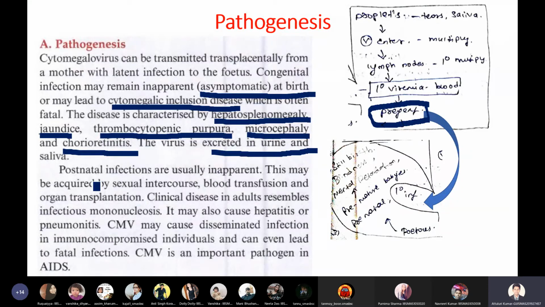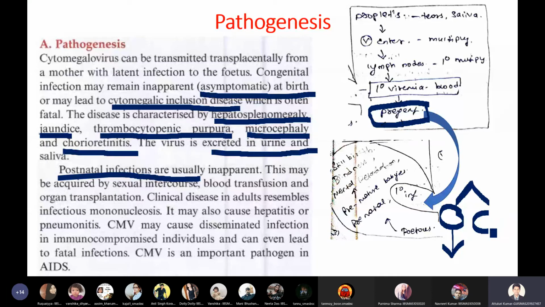Okay, so this infection can occur in two types: prenatal and postnatal. Prenatal means during the pregnancy of the woman itself, vertical transmission, from mother to child. Postnatal infection means after the baby is born, through some outside contact.